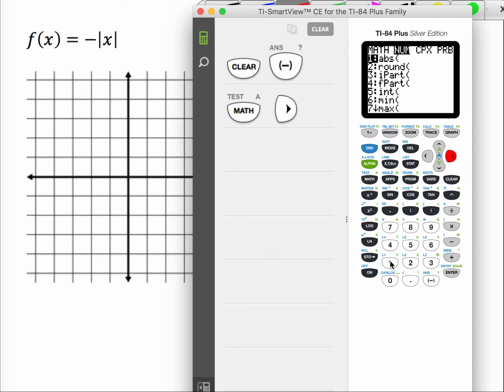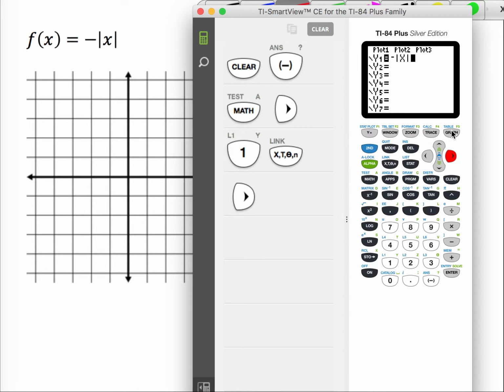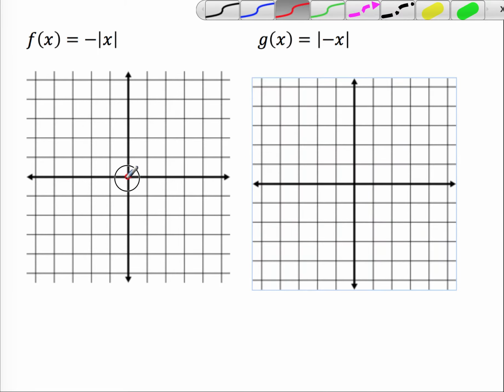Math, number, absolute value, and put an x there, arrow over, and graph. And now the absolute value is turned upside down. This is called a reflection over your x-axis. So we'll say reflection over x-axis.